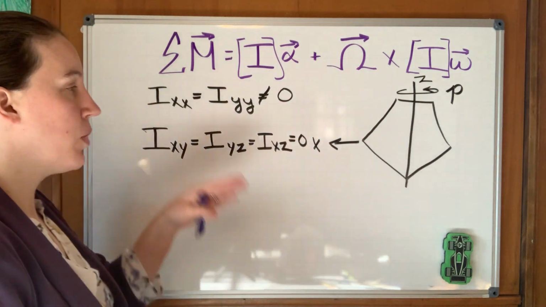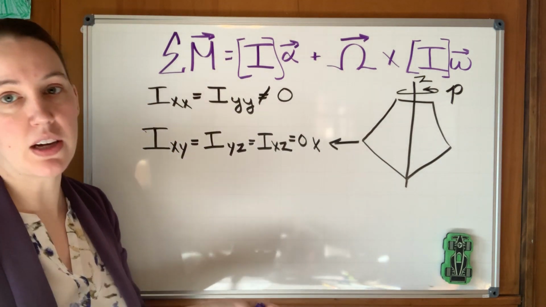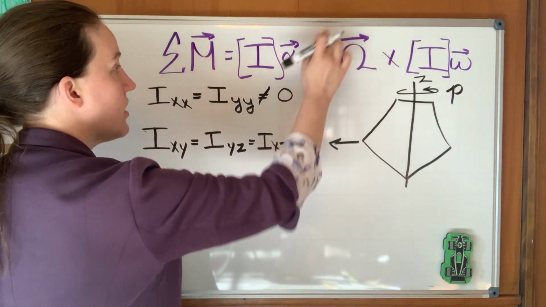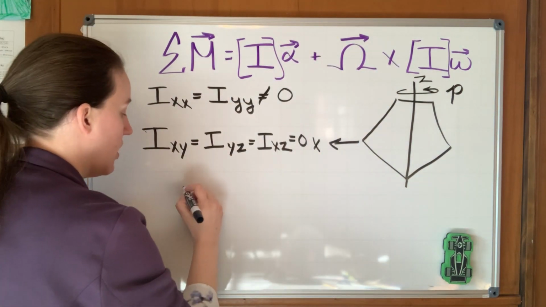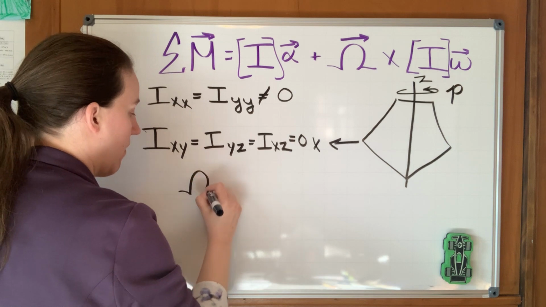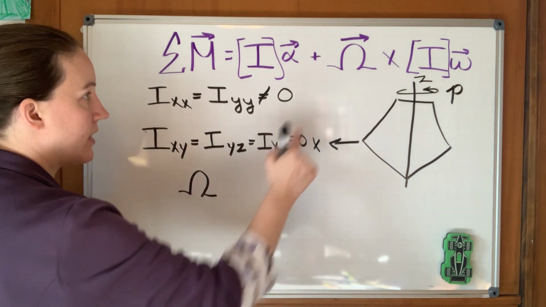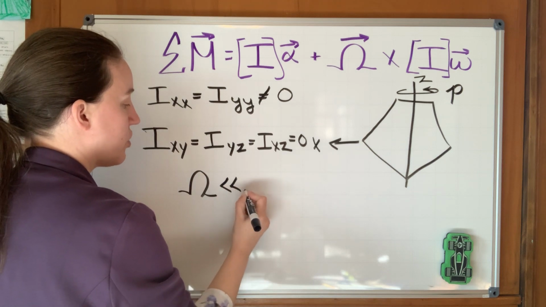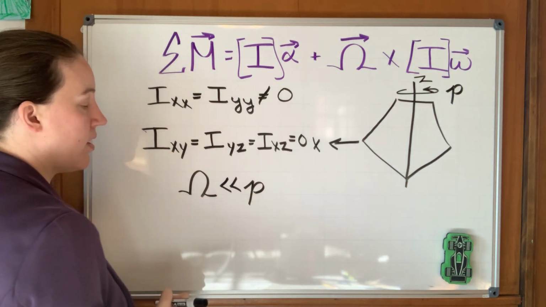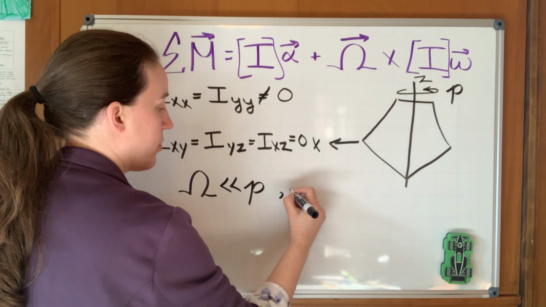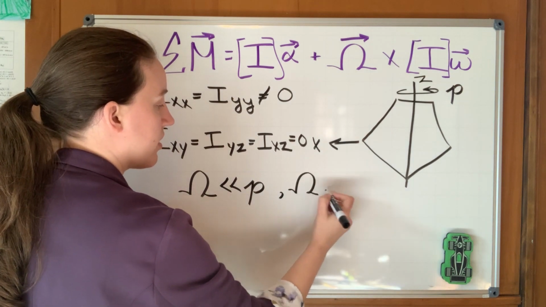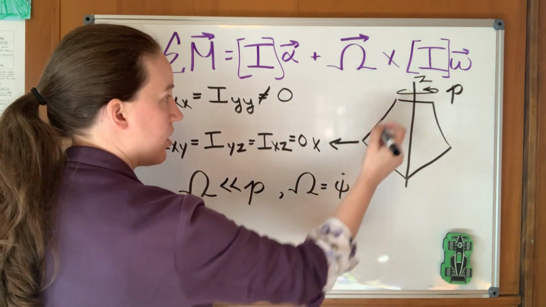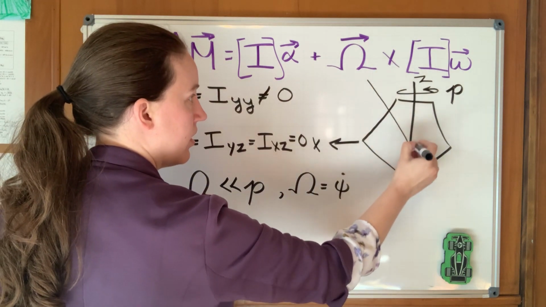Okay, and now what makes this interesting as a gyroscope, not just a regular spinning body in 2D, is that there is some slow rotation. And that's going to be this big omega. It's much, much smaller than p. Just for our convenience, we're going to call it equal to the rate of change of this angle here.